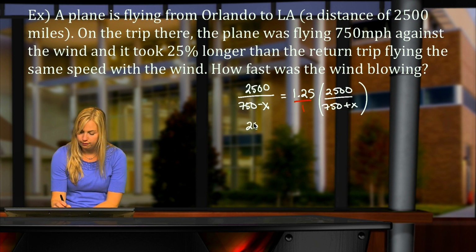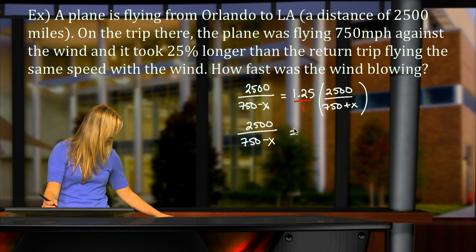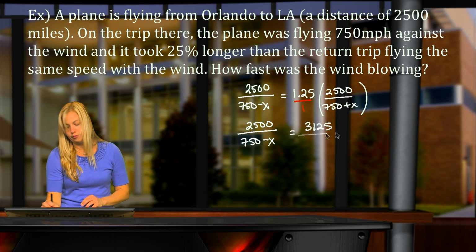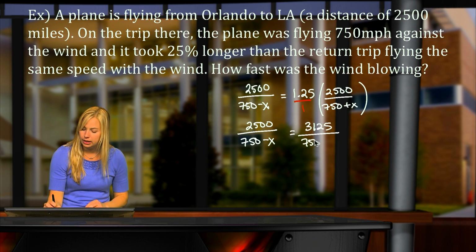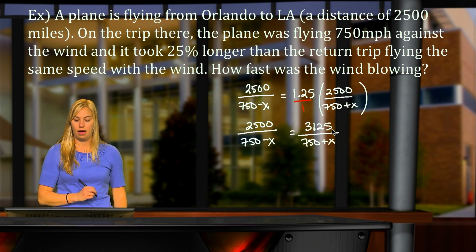We get 2,500 divided by 750 minus x equals 3,125 divided by 750 plus x. 1.25 times 2,500 is that 3,125.